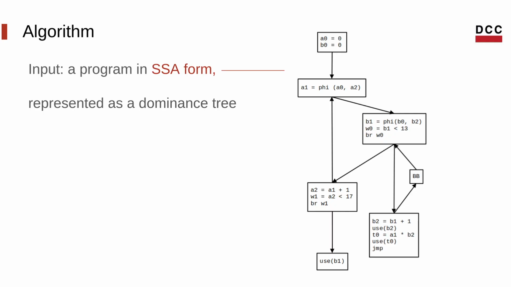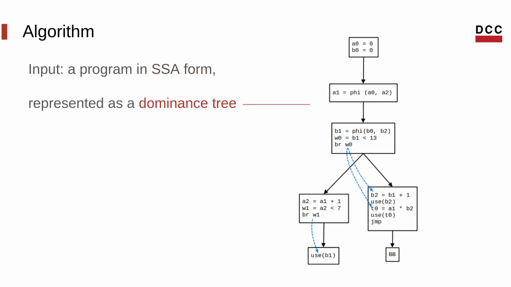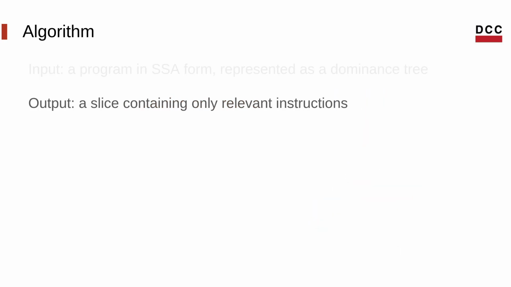We also have phi functions which determine which value definition to use based on the execution path. We also compute the dominance tree, which represents dominance relationships between nodes, with edges connecting each node to its immediate dominator. To generate our final slice, we execute our algorithm.